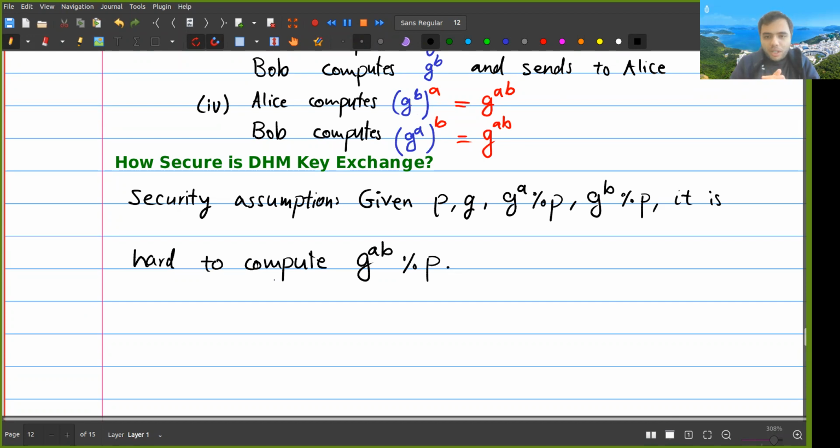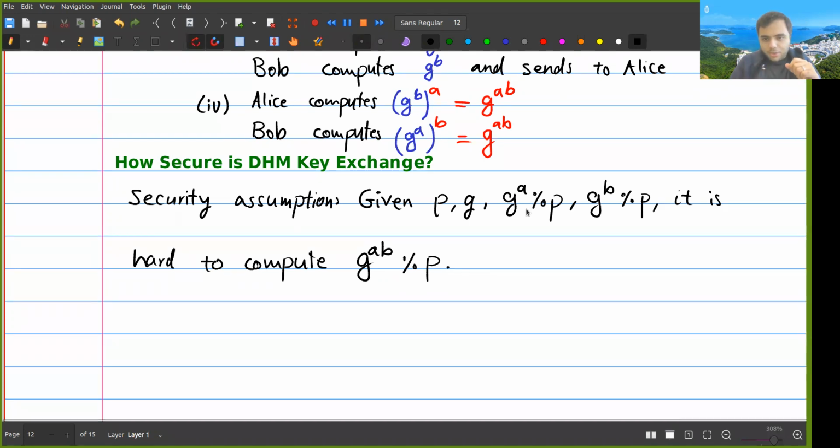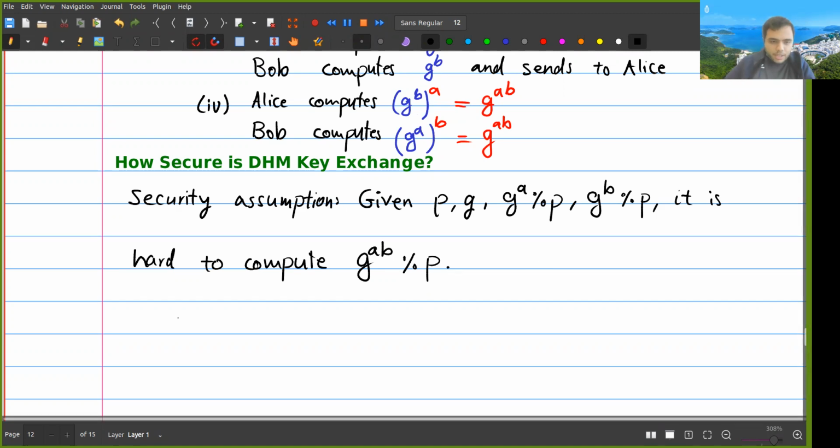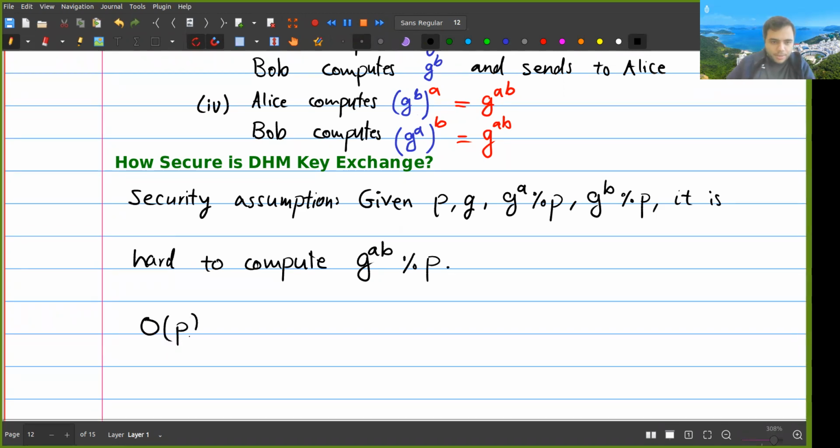So I can give you a very simple algorithm that is not good enough. And it's just trying to reverse these things, right? So suppose that I know G to the power of A and I just want to find A. So I can just try by computing every power of G and seeing which power equals G to the power of A, right? But this will take order P time.